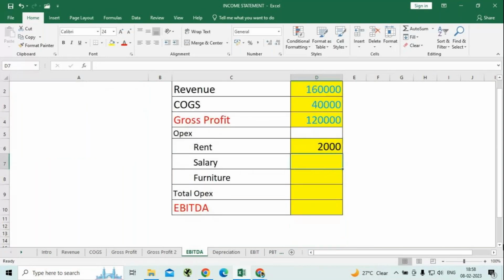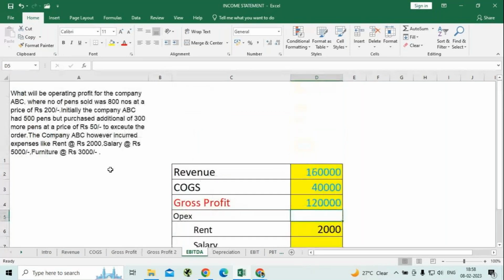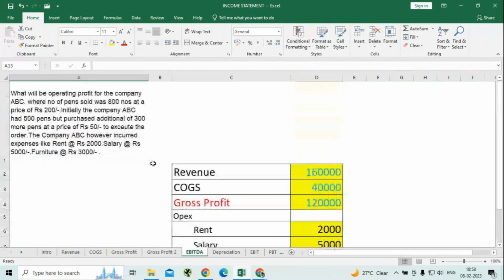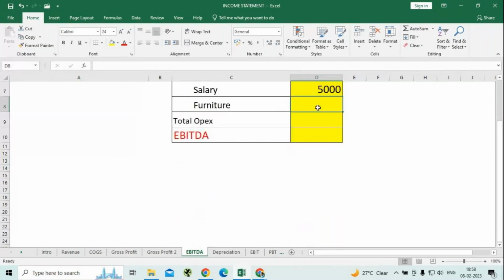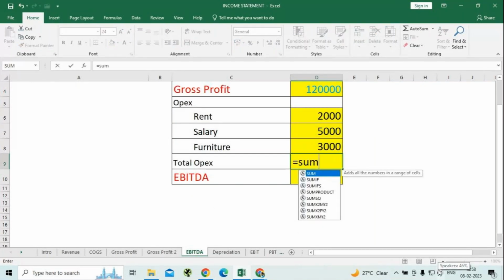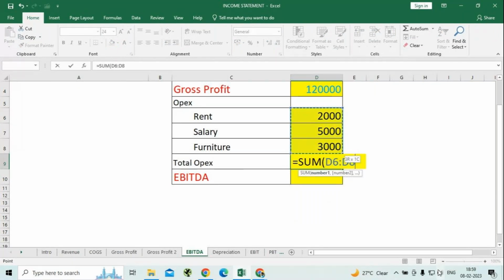The salary paid is 5,000 rupees. And furniture, we have spent around 3,000 rupees. So the total operational expenses is the sum of all these expenses, which comes up to 10,000 rupees.